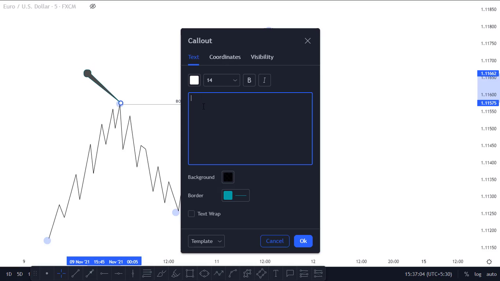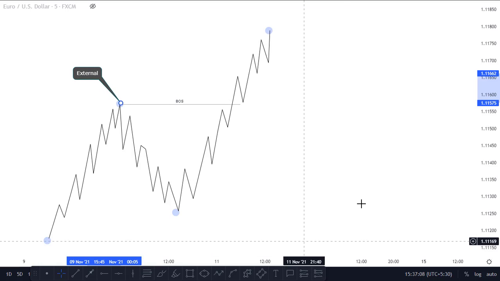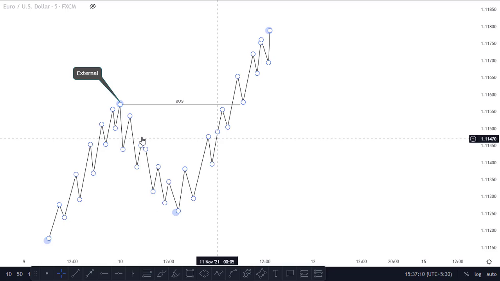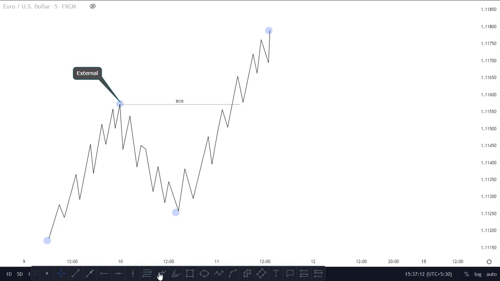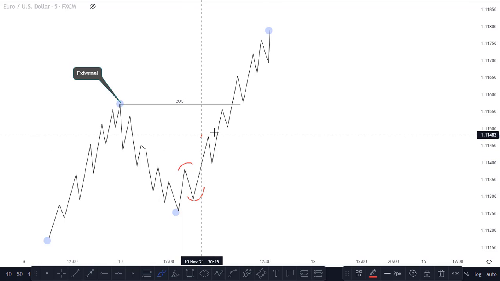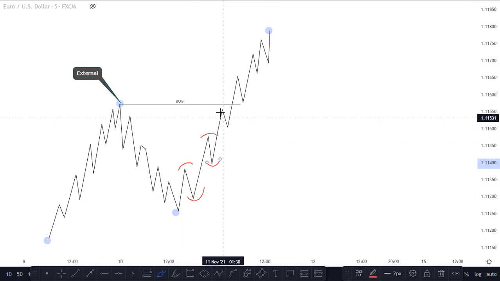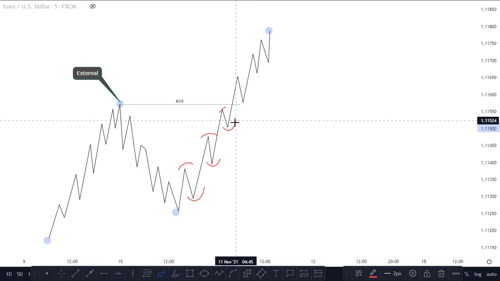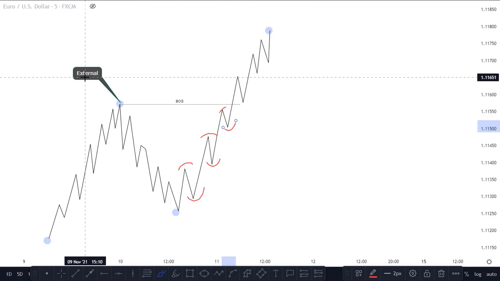This is your external liquidity. As market is creating external liquidity, we have higher high, higher low, higher high, higher low, higher high, higher low. Market is going to break external liquidity.